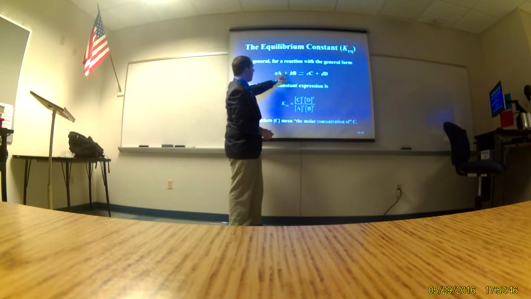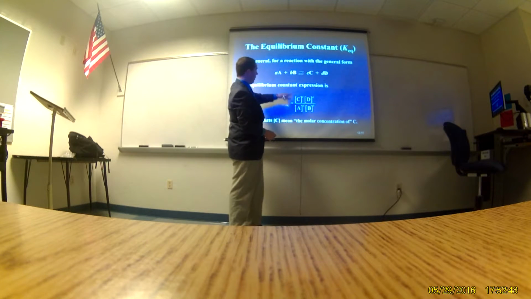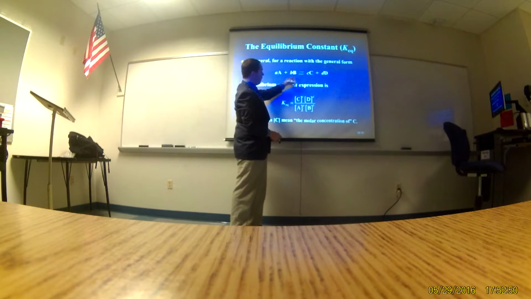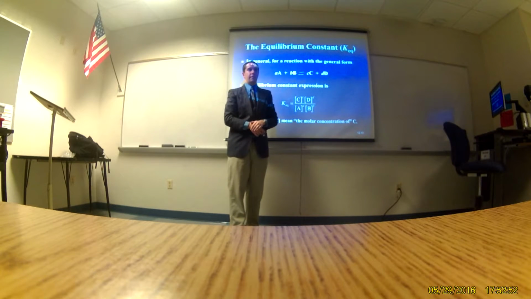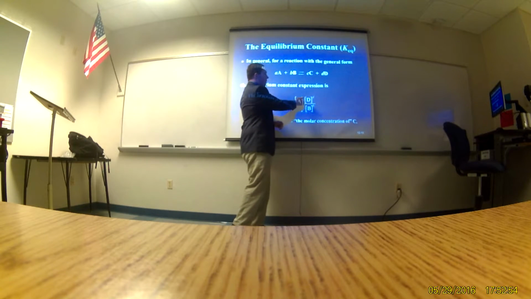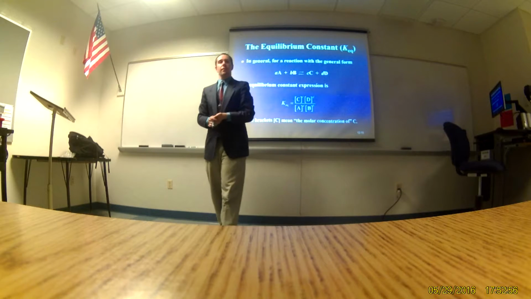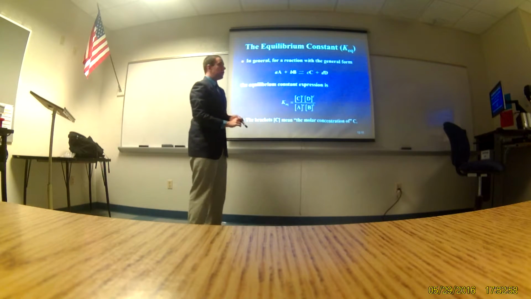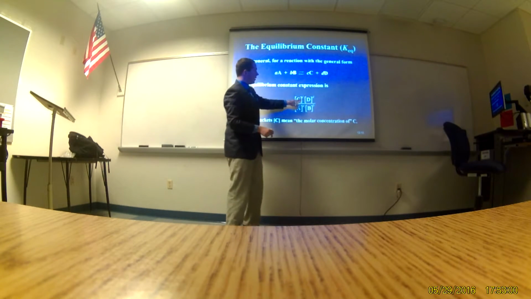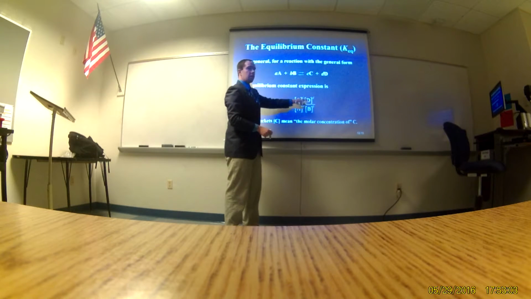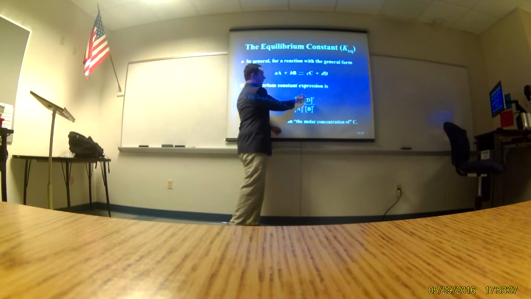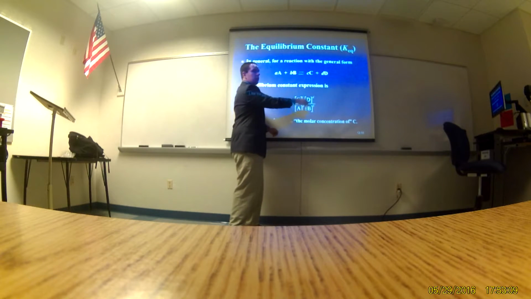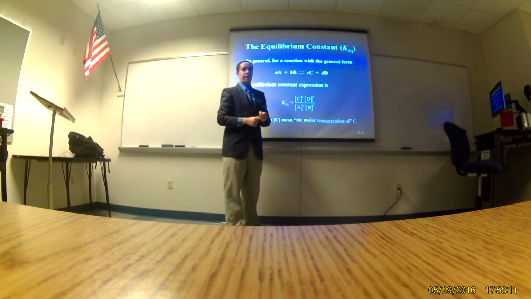Do the same thing for the reactants. A with a lowercase a, B with a lowercase b. The brackets mean molarity. And so what you're going to do is a problem will give you the molarity of these four things. You plug those numbers in, raise them to the powers, do the math, and you'll get your K. Yeah?